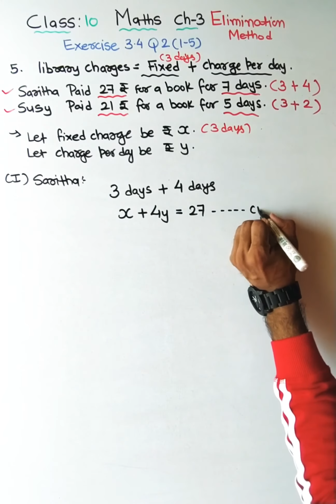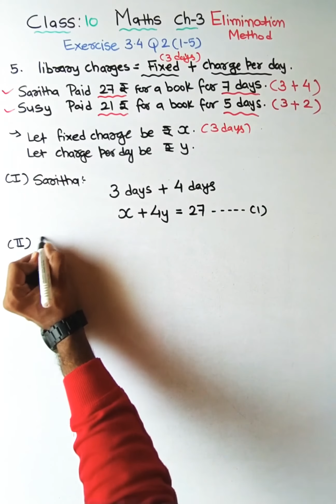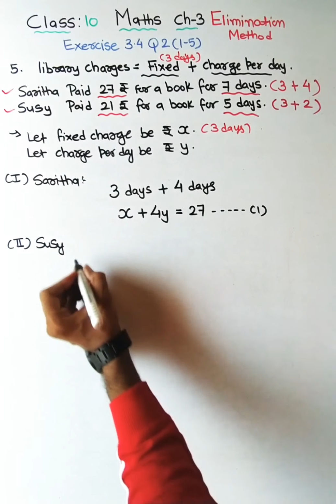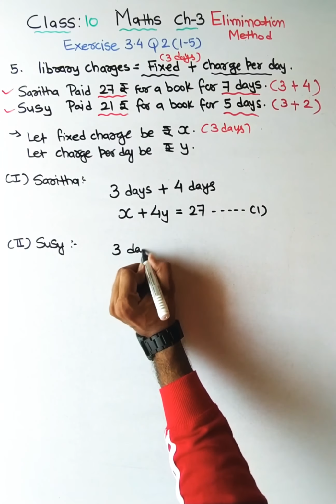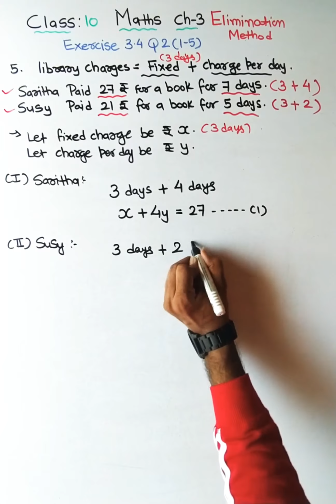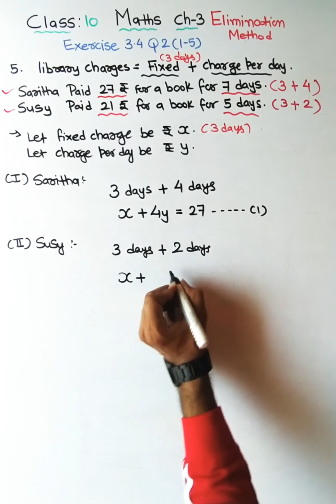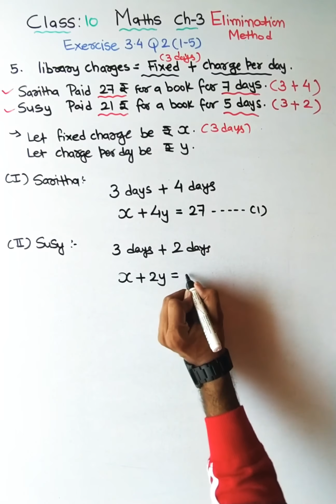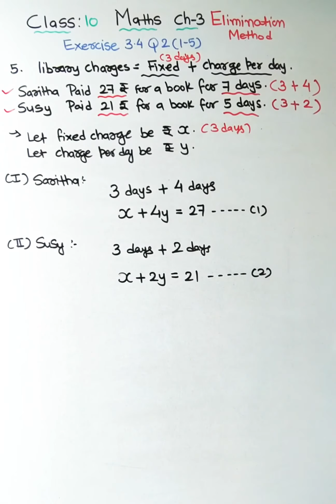So that becomes our equation 1. Same way equation number 2, that is for Sushi. She kept the book for 5 days. That means 3 days fixed charge and then extra 2 days. So that is X plus 2Y and she paid 21 rupees.